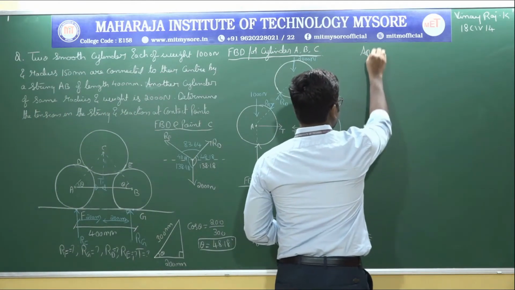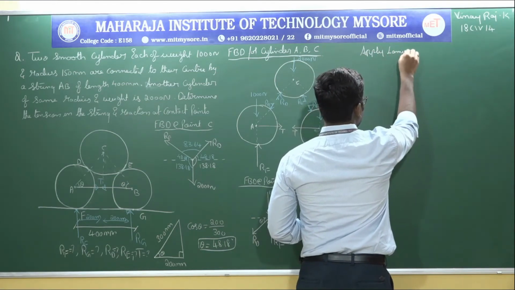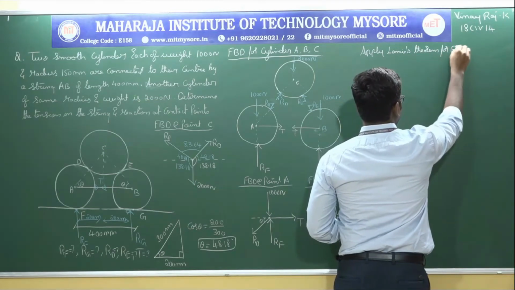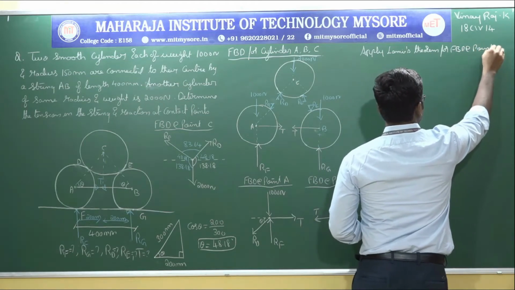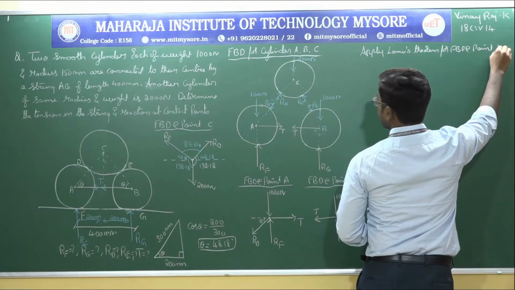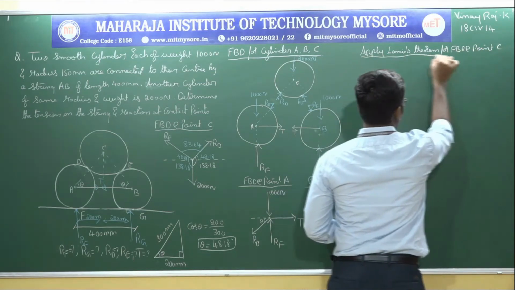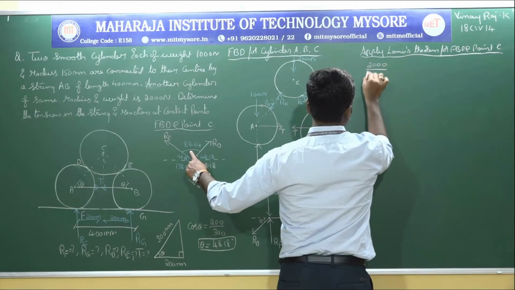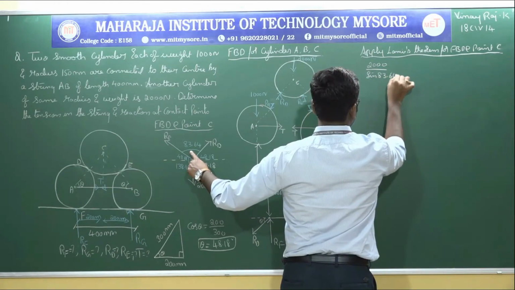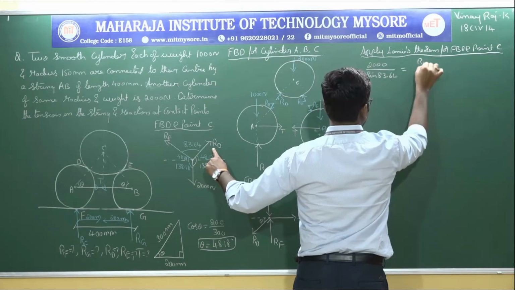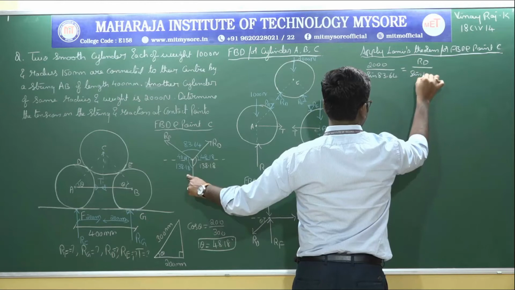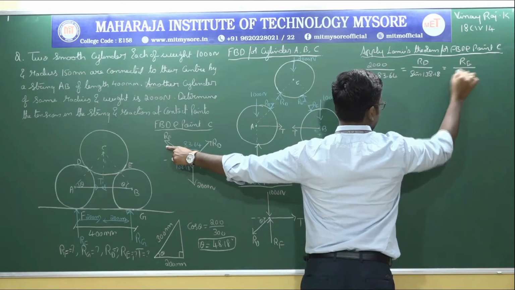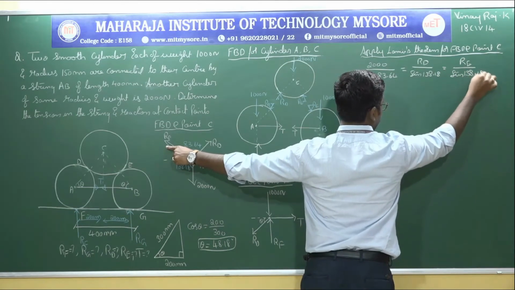Now let us apply Lami's theorem for the free body diagram at point C. So 2000 is proportional to sine of 83.64, is equal to RD proportional to sine of 138.18, and RE proportional to sine of 138.18.